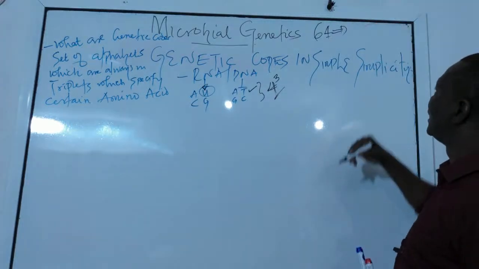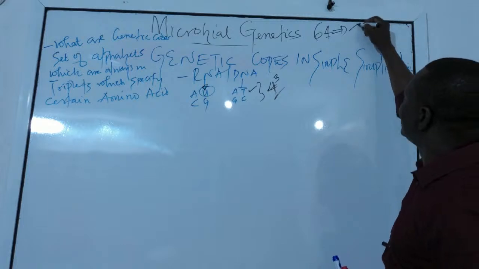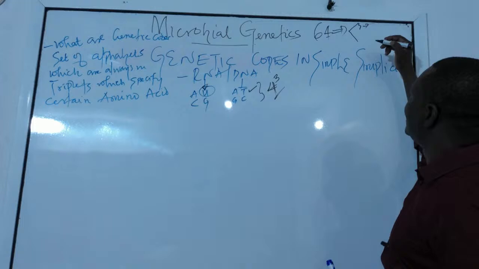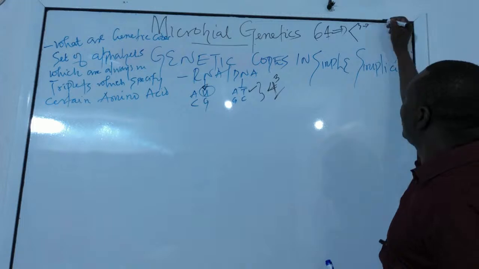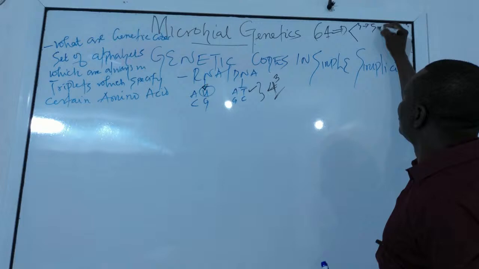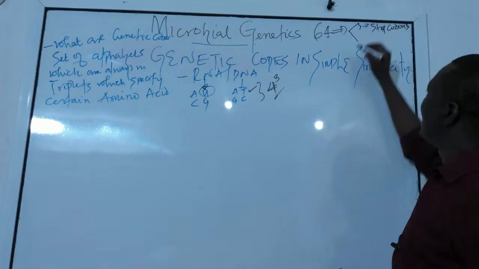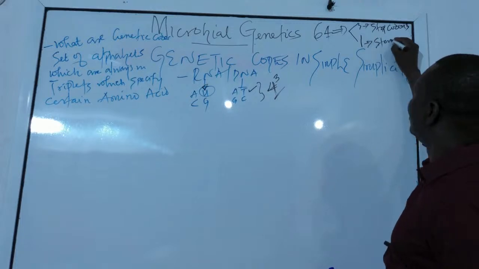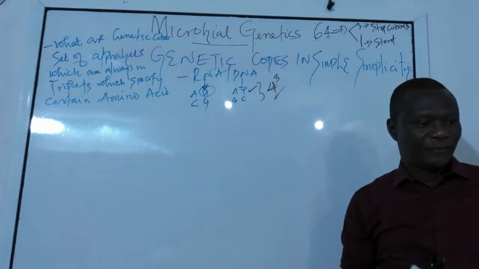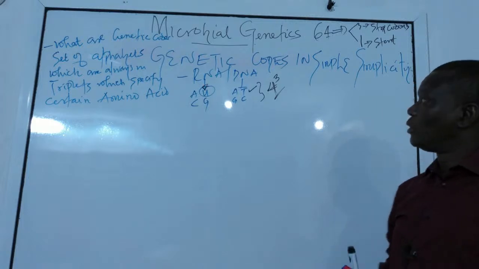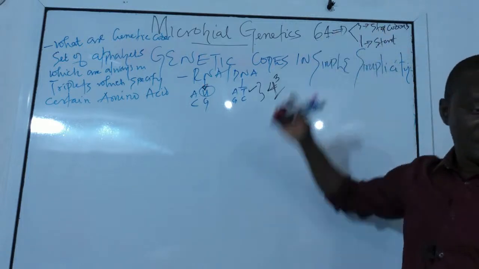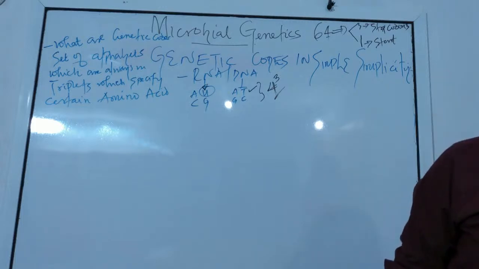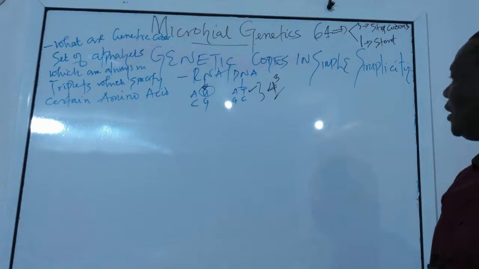Out of these 64, three are used for stop codons, and one is always the start codon. So we will be struggling to learn the other 60 genetic codes and how they are combined.